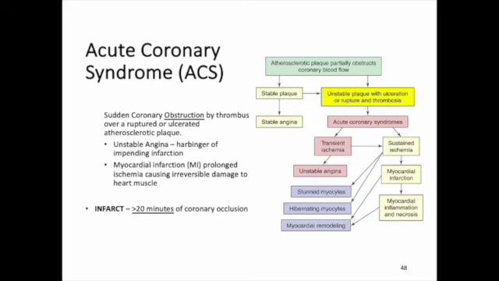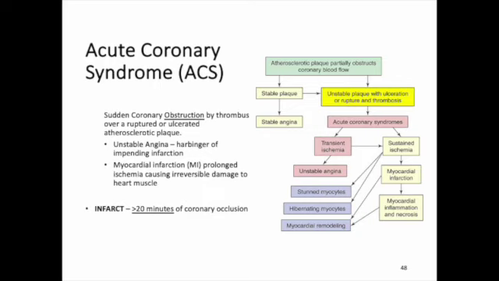And the angina that we're talking about is unstable, and it's the result of reversible myocardial ischemia, but it is really just that signal or harbinger that there's impending infarction that's going to eventually occur. And MI results when there's prolonged ischemia over 20 minutes, and it causes irreversible damage now to the heart muscle.